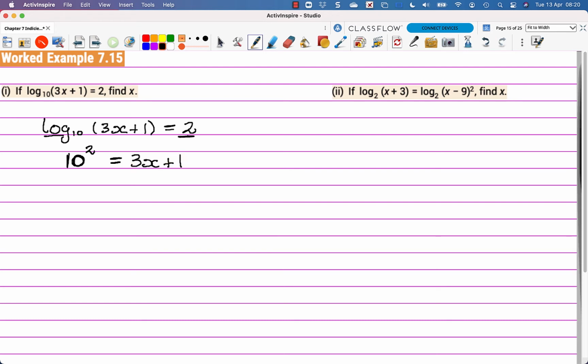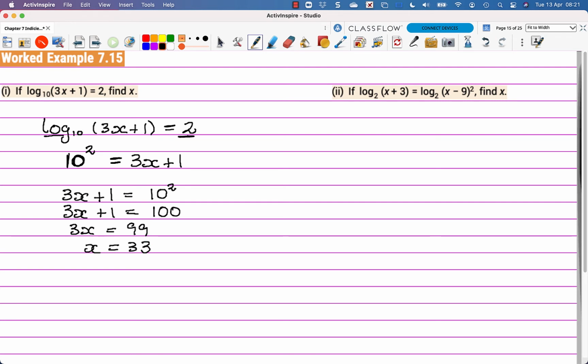By taking it out of its logarithmic format, we've ended up with a linear equation, which brings us back to second year mathematics. So now we solve this linear equation. 3x plus 1 is equal to 100. 3x is equal to 99, and x is equal to 33.